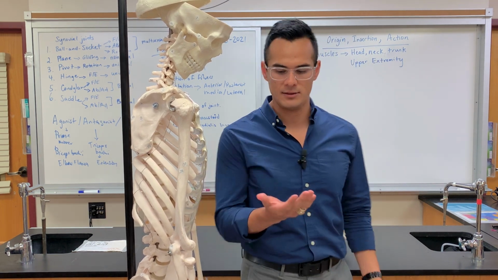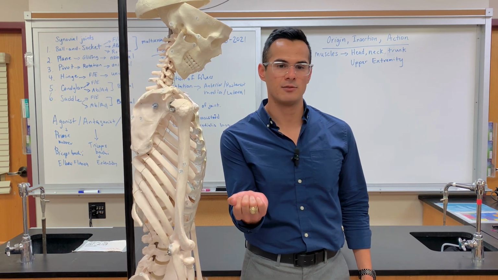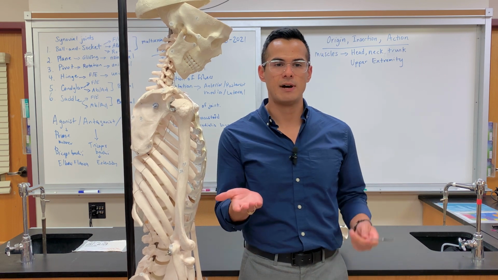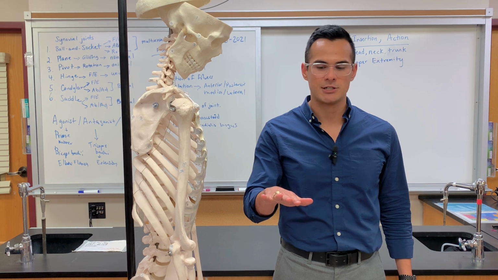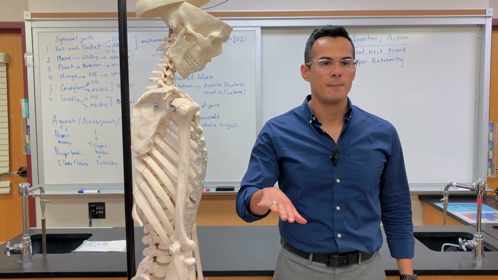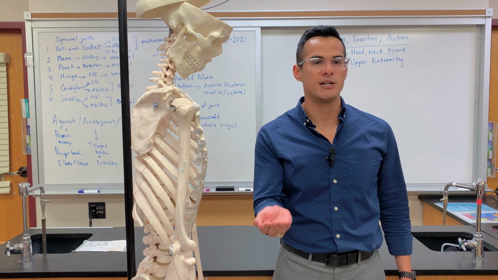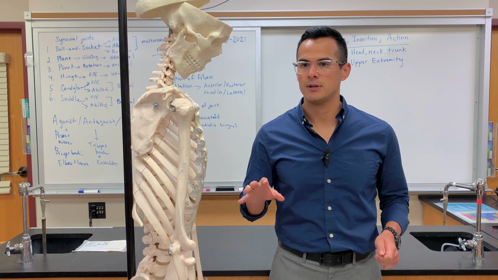In the wrist, this would be flexion of the wrist, and this would be extension of the wrist. This would be ulnar deviation, radial deviation. You also have pronation, when I turn my hand over in this direction, so you pour the soup out. If I go this way, this is supination, like I'm holding the soup. Those are some of the different movements.